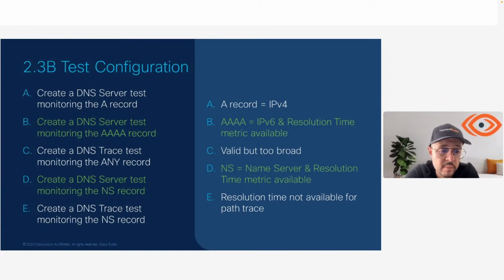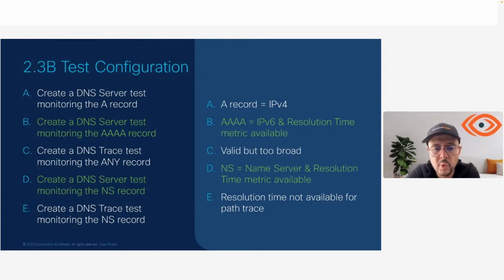From the DNS server test NS record, we are trying to get the name server from it, so that's also the correct option. And last but not least, the DNS trace: the nature of this particular test is a little bit different in comparison to a regular DNS server test. In the DNS trace, we are trying to query all the way to the top, to the root, and this is not what we are looking for in this question.